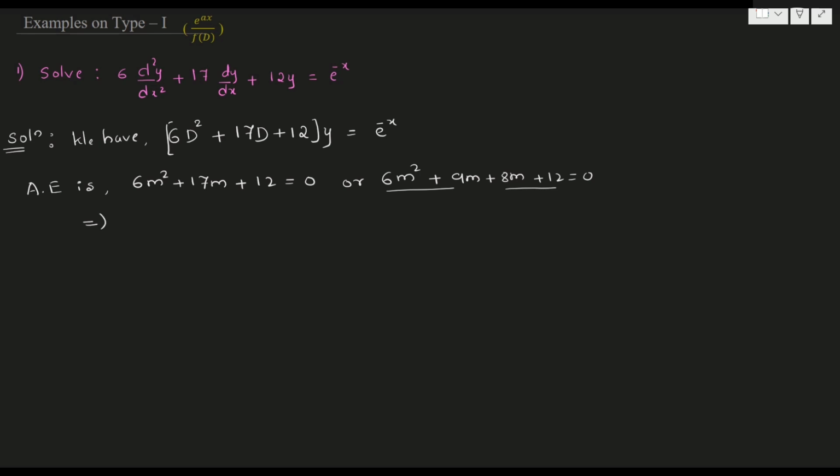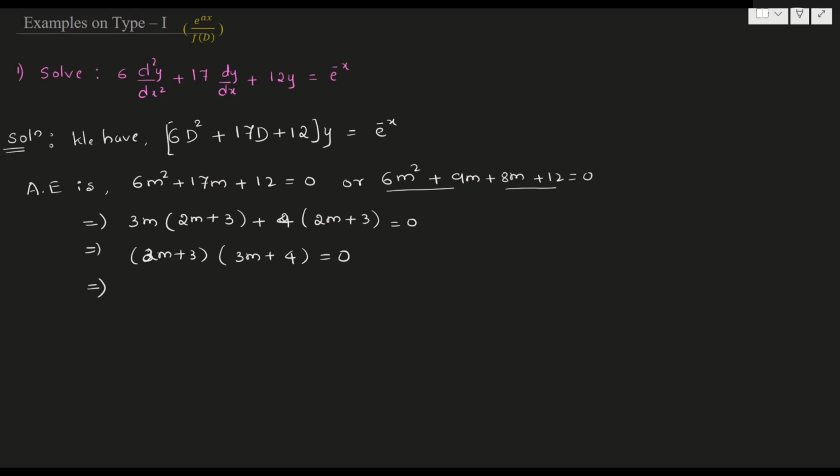Now take down the common factors. So here 3m times 2m plus 3, and here 4 times 2m plus 3, equal to 0. Then you have two factors, 2m plus 3 and 3m plus 4 equal to 0.